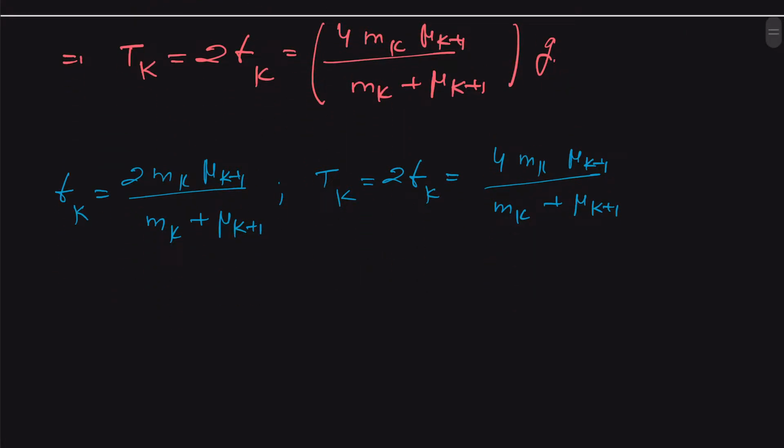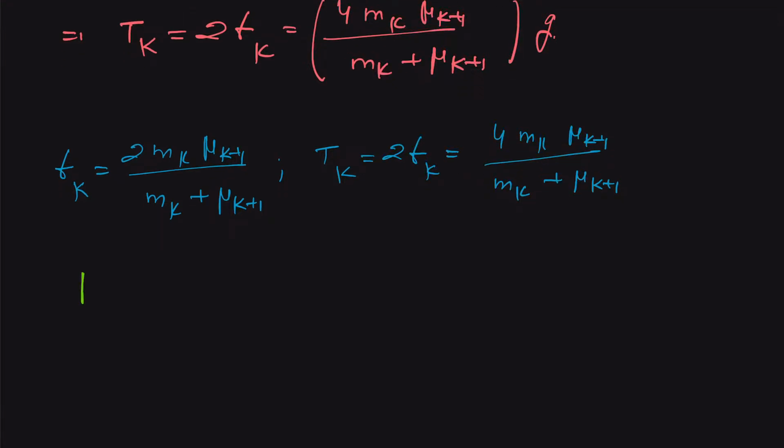And we can also write that our mu of k will be equal to 4 mk mu k plus 1 over m of k plus mu k plus 1.